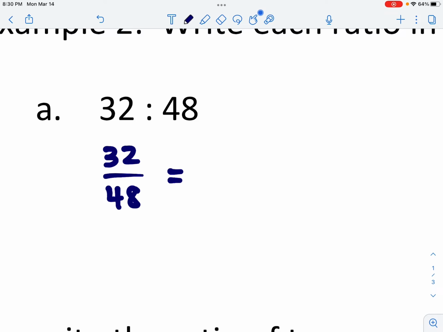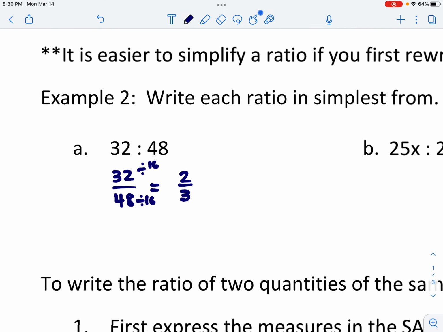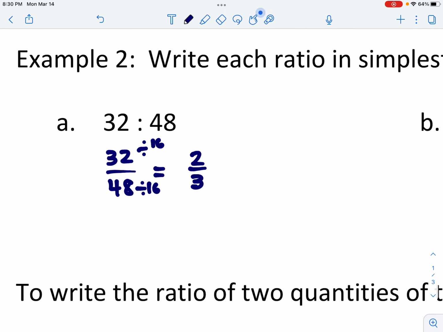So I can divide both of these by 16, and I'm going to get 2/3. All right, so that is your ratio. We could say 2 to 3, or we could write it as 2/3.